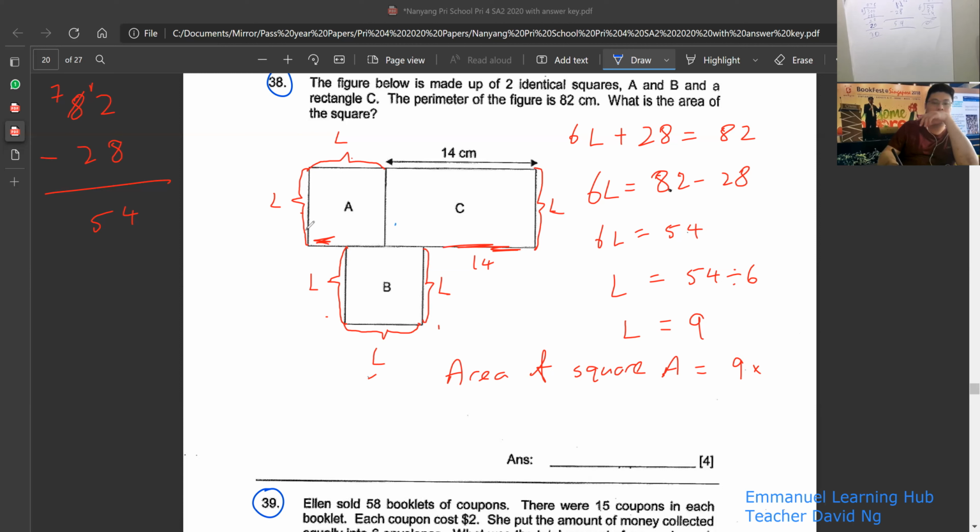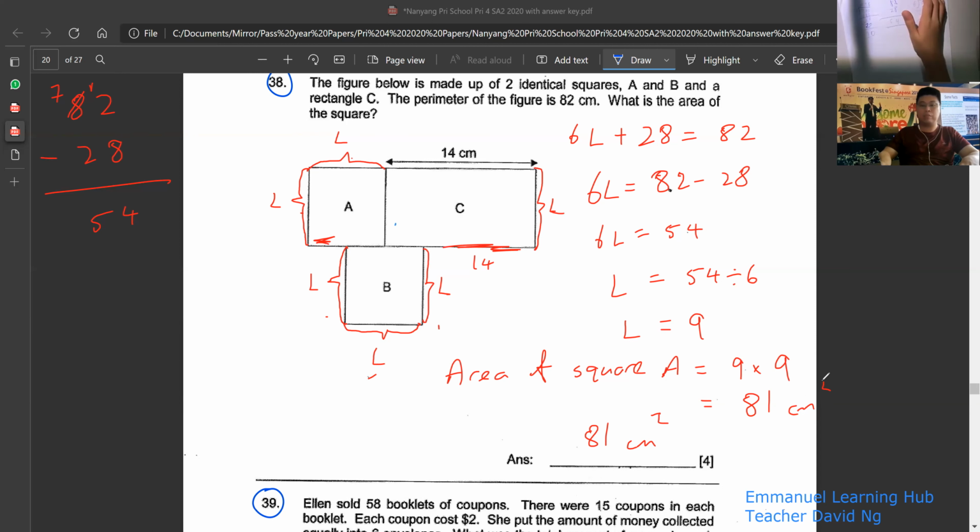Look at the diagram. 9 times 9. Yes, that's what the diagram is for. You can refer. Okay. 9 times 9 is? Multiplication timetable again. 9 times 9 is 81. 81 cm square. Okay.